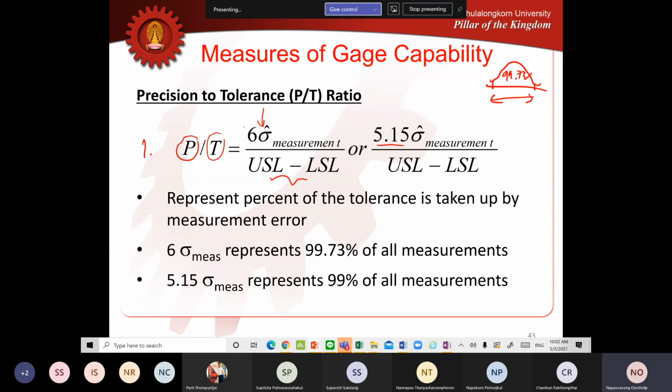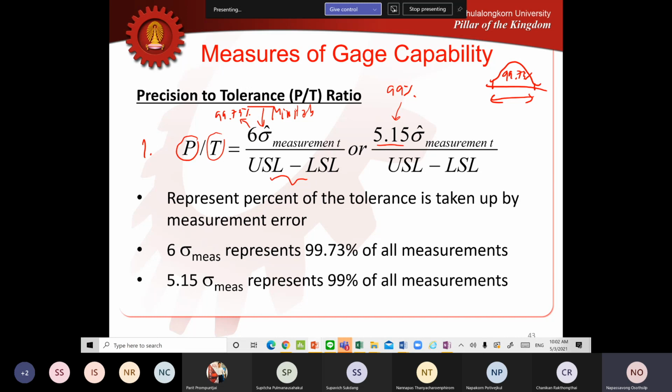So if we use 6, that means we use 99.73% to quantify the variation of the measurements. But if we use 5.15, that means we use 99%. So it depends on you. You can pick any one of them. But in Minitab, Minitab uses 6 as default.